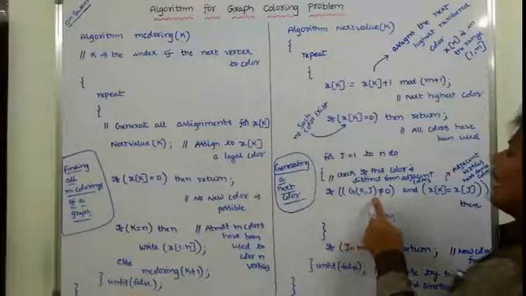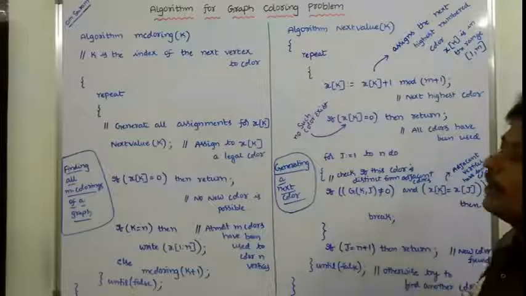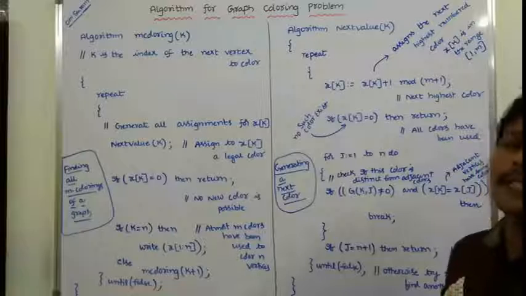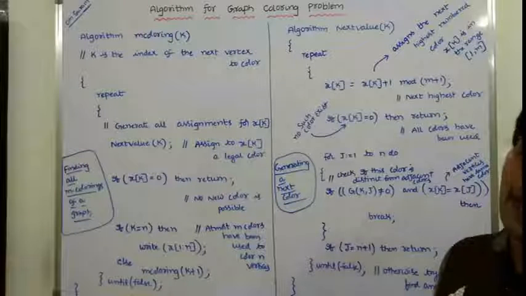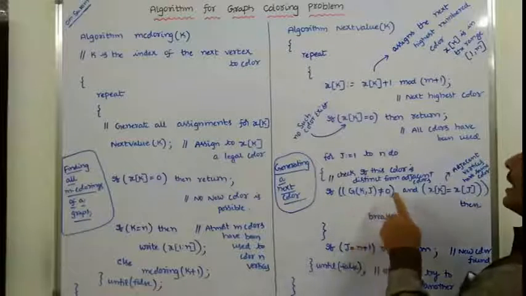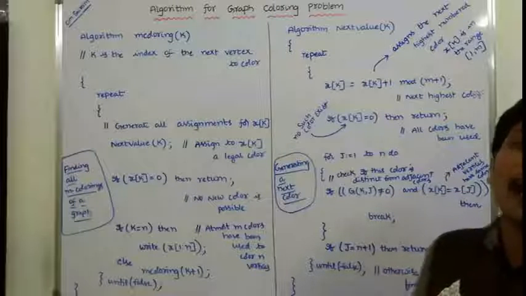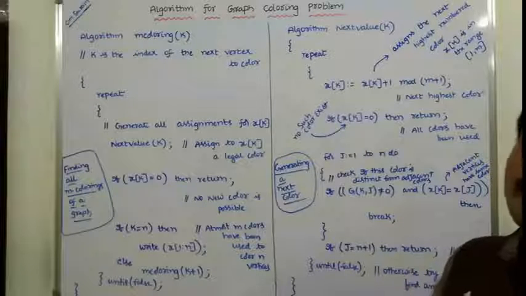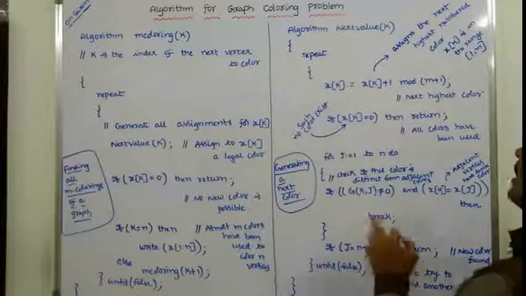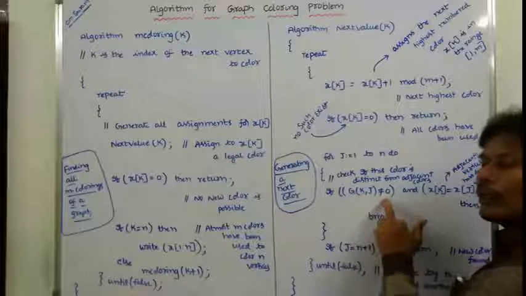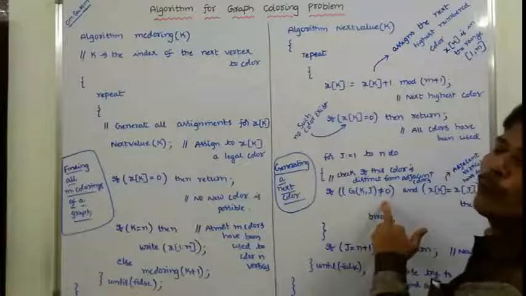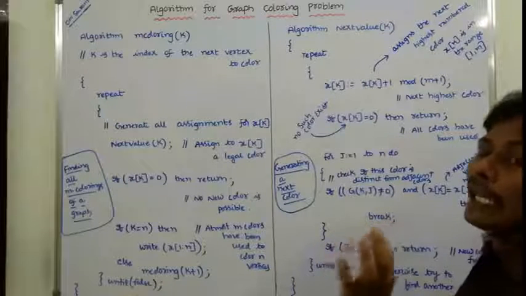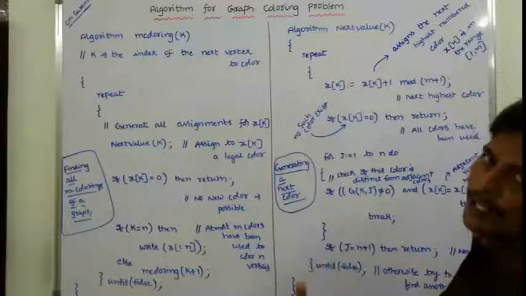If g of k comma j is equal to 1, that is k comma j is an edge. If g of k comma j is equal to 0, k comma j is not an edge. So g of k comma j not equal to 0 means k comma j is an edge.